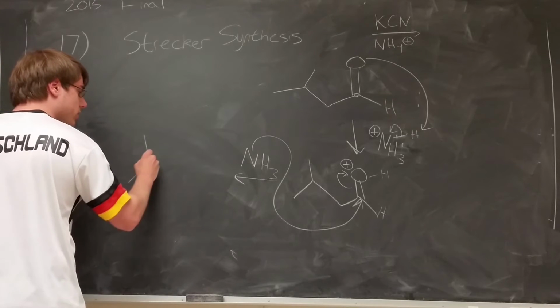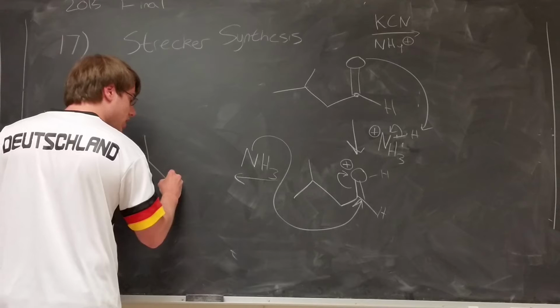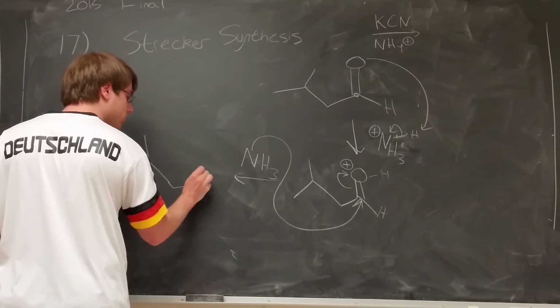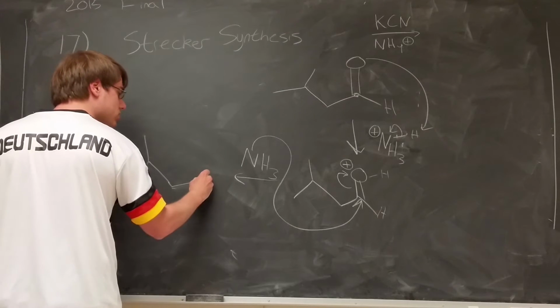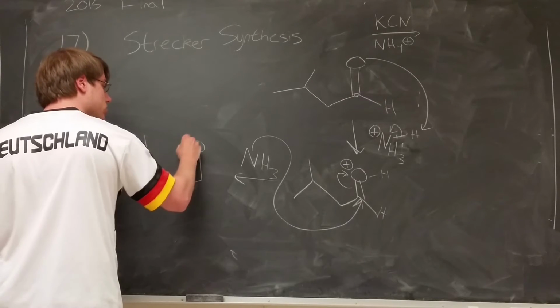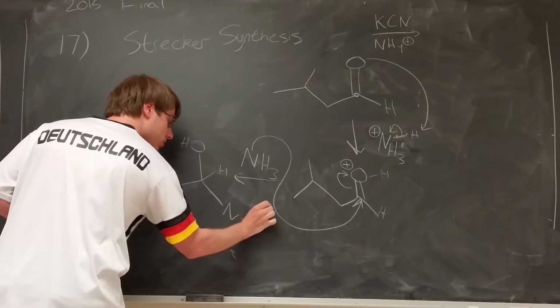So right now we're just going through an imine mechanism, meaning a nitrogen attacks a carbonyl, and you end up kicking out that oxygen from the carbonyl as water, creating a carbon-nitrogen double bond. So now I have OH neutral, the hydrogen that was there, and the NH3 positive.